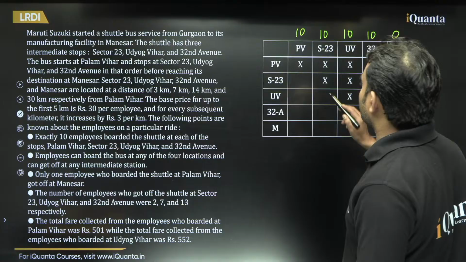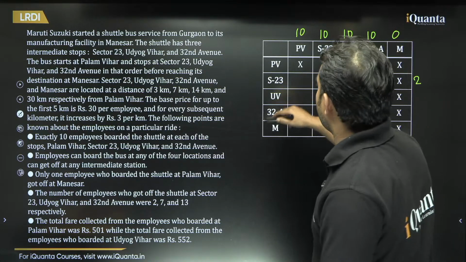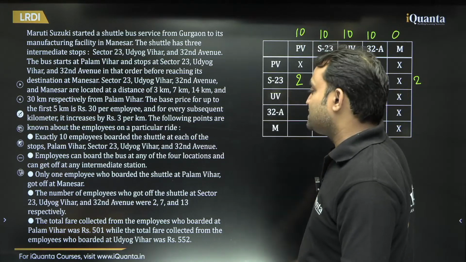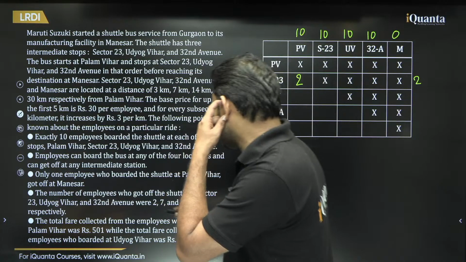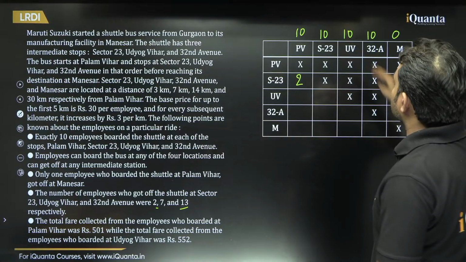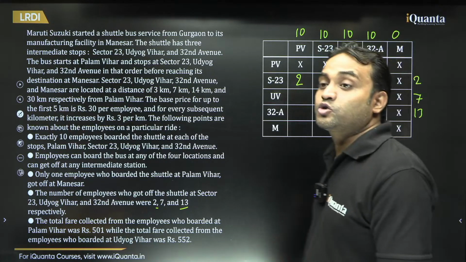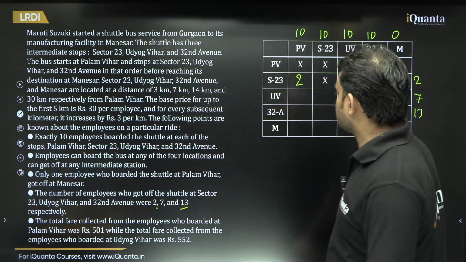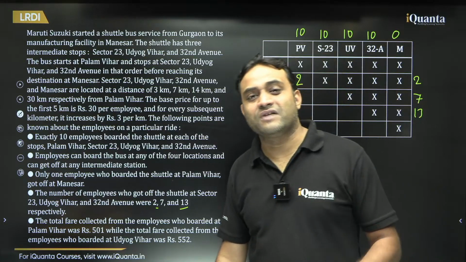So the 2 who got off at Sector 23 must be out of these 10 employees. Then 7 here, 13 here. Out of 40 employees, 2 plus 7, 9 plus 13, 22 employees deboarded the bus till 32nd Avenue. Can I say the rest of them must have deboarded at Manesar?